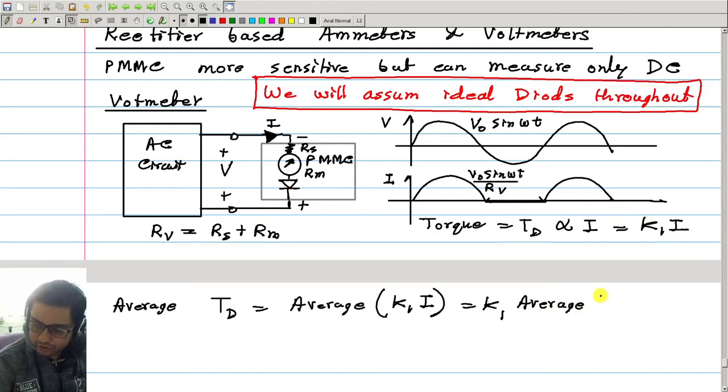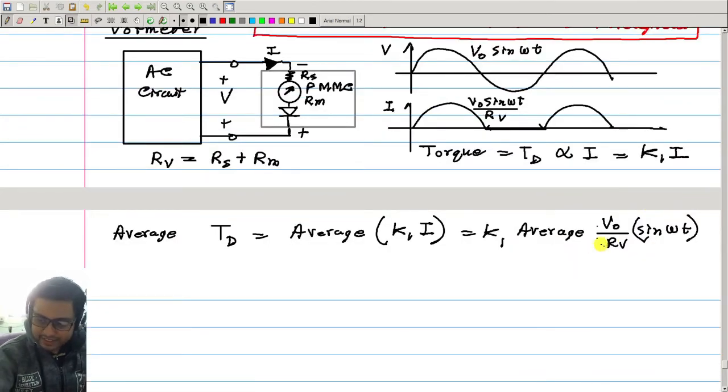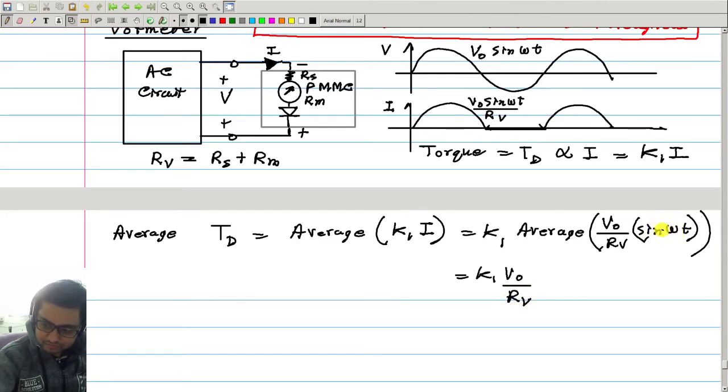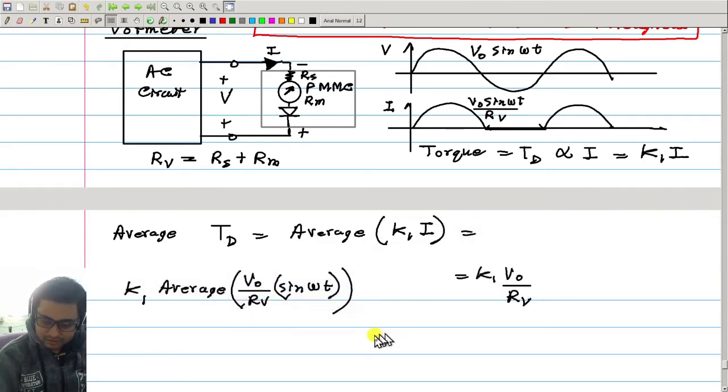So this will be average value of V0 by Rv sine omega t over only half cycle. This is constant, you can take it outside. This is not a precise way of writing it, let me use some ugly writing.